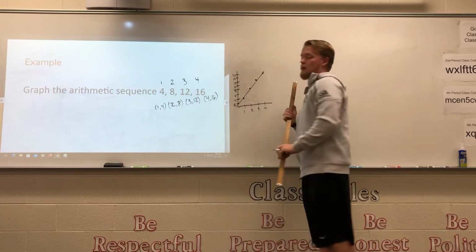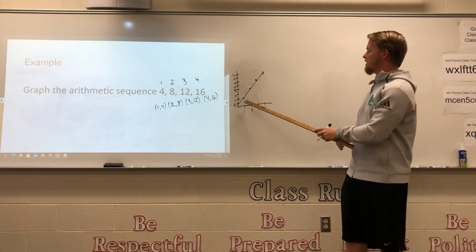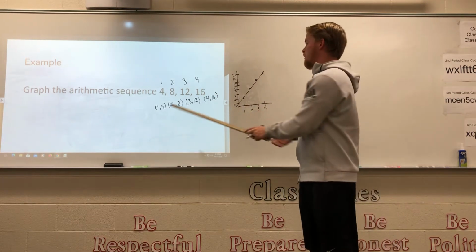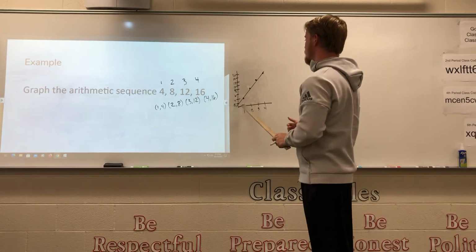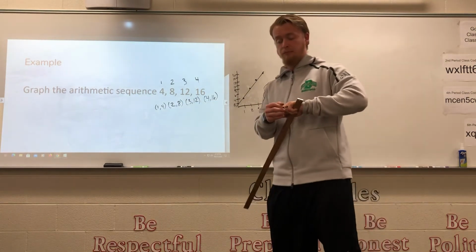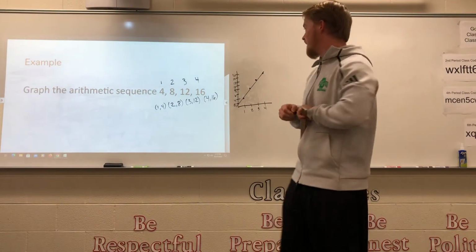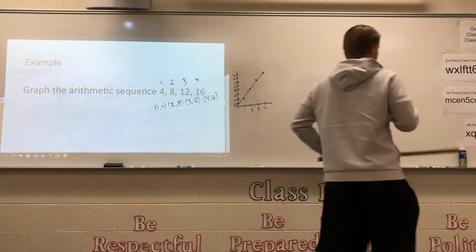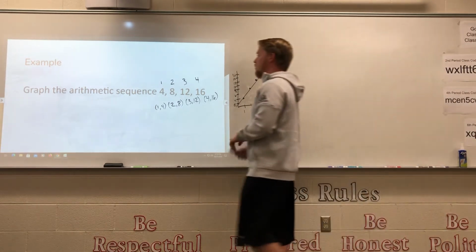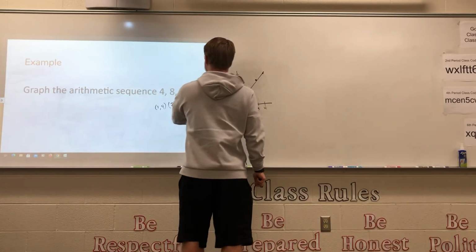And again, my graph isn't perfect, but you get the idea. Anytime you graph arithmetic sequences, you will have it fall in a straight line. If it's not a straight line, if it's curved or scattered all over the place, that means you do not have an arithmetic sequence. So that is what it would look like if you were to graph these arithmetic sequences.